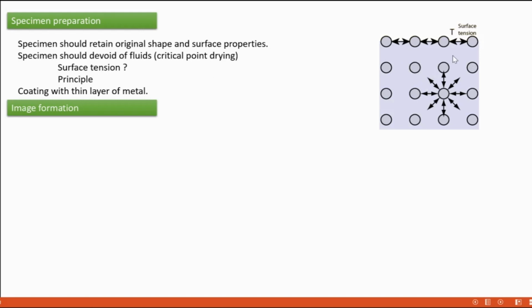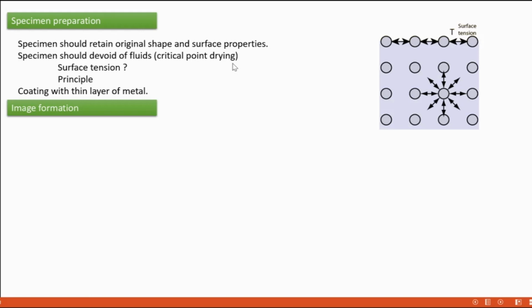What is surface tension? Surface tension is the strong bonding between the surface molecules of the solvent. Strong bonds exist. If we adopt any normal method to remove that solvent out of the specimen, it will damage the surface properties of the specimen. So the method that we are adopting, the principle we are using here, is critical point drying.